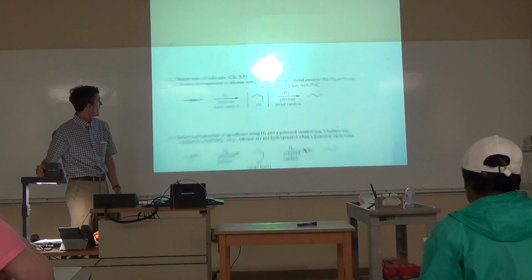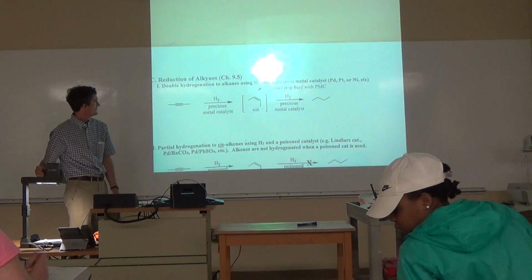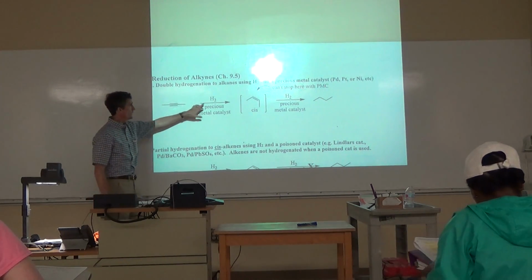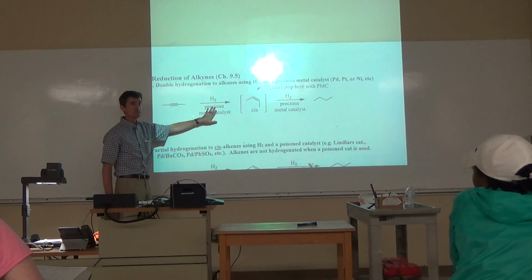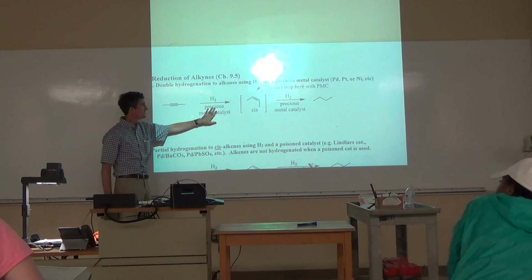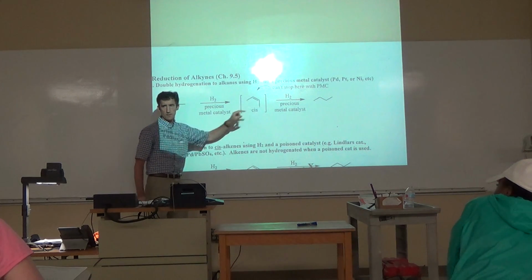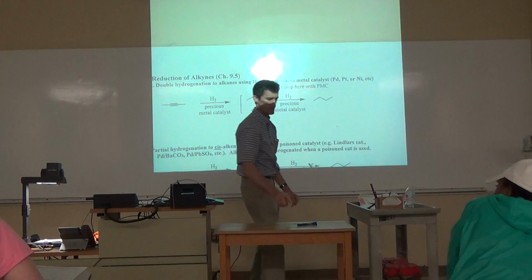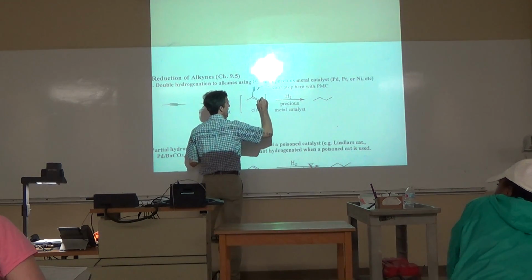Okay, guys. Reduction of alkynes. The carbon-carbon pi bond can be hydrogenated. H2, precious metal catalysts such as nickel, platinum, palladium. When we do one equivalent of H2, we're going to get the cis alkene. And there's new H here and new H here. Why is it cis?